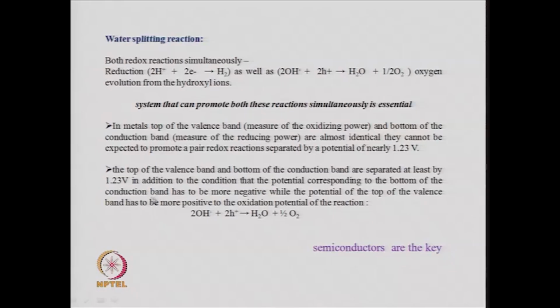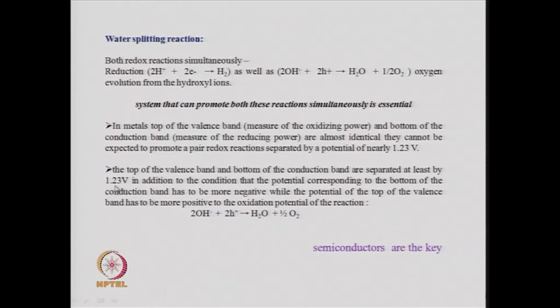Now, the top of the valence band and bottom of the conduction band are separated by this, that is what it means. And in addition, the potential corresponding to the bottom of the conduction band has to be more negative.